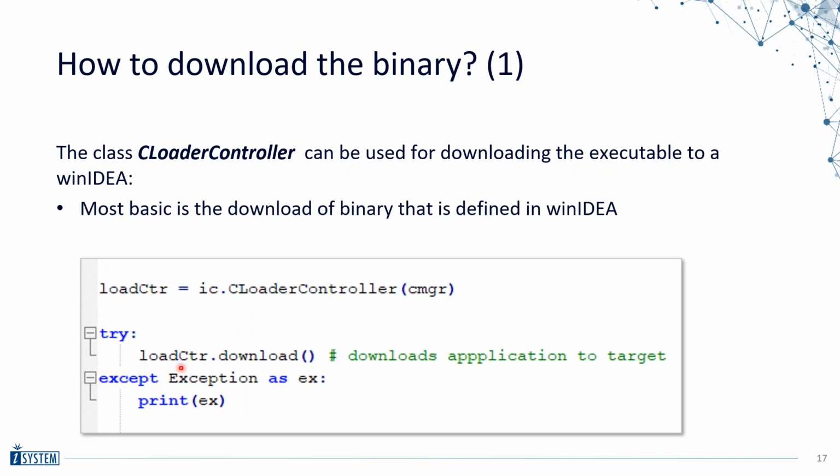We can load flash with the loader controller or debug controller. In this case, just for demonstration, I created an instance of the loader controller, and then the flashing is controlled over the loader controller. The loader controller has maybe a little bit of extra functionality that's included inside the debug facade.